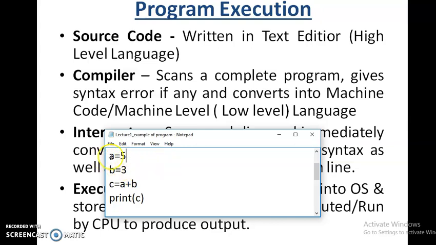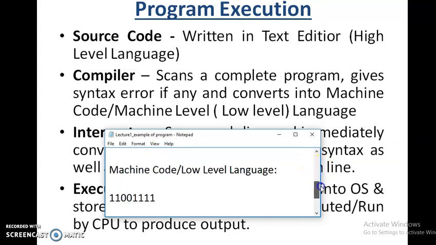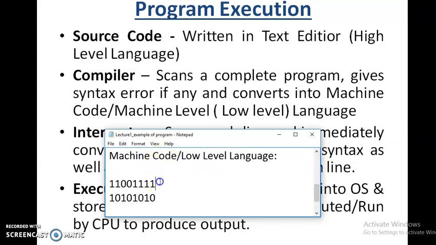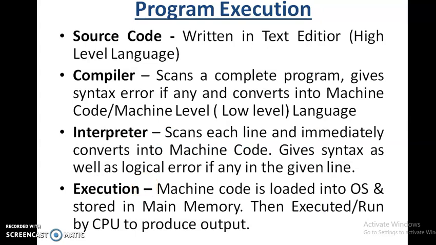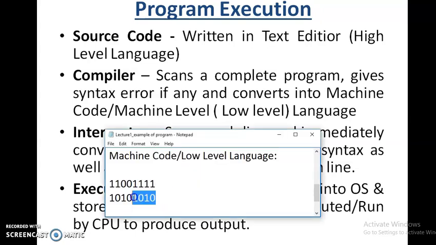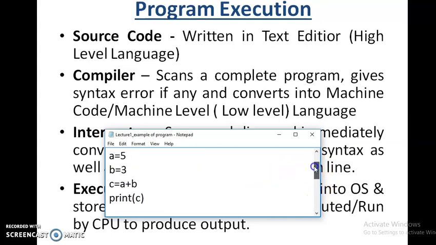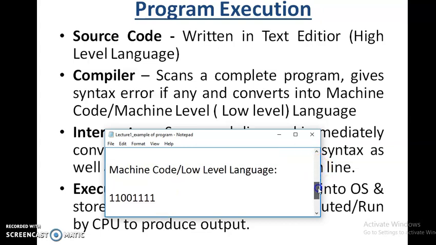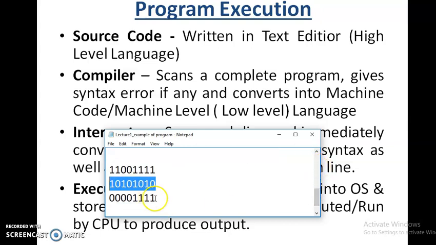then the compiler will again scan this complete program. If there is no error, then it will start converting it line by line into the machine code in this way. So the compiler scans the complete program, gives a syntax error if any, and then converts it into the machine code in this way.